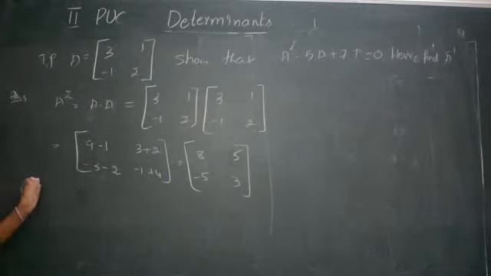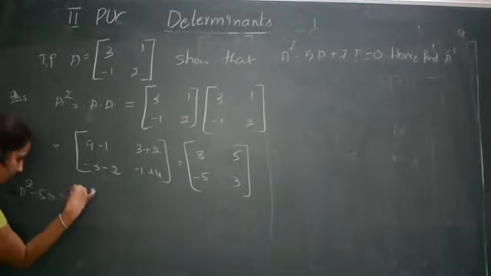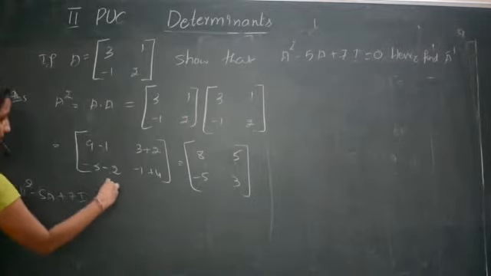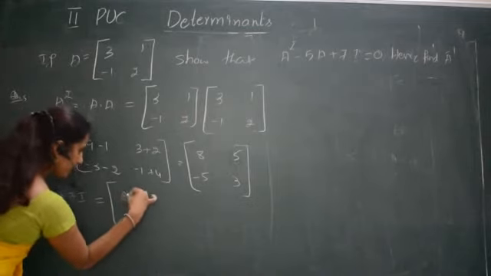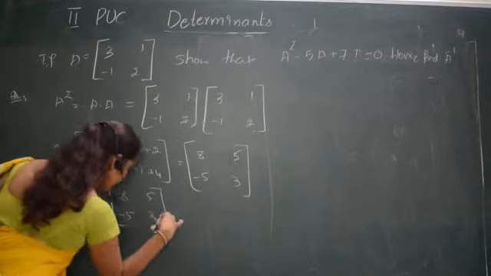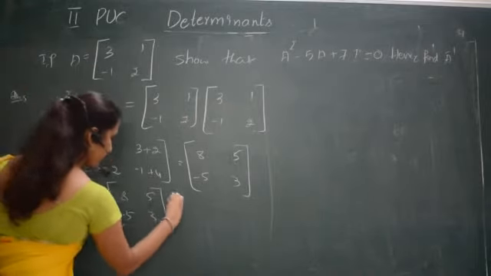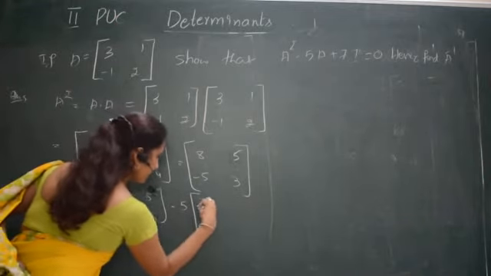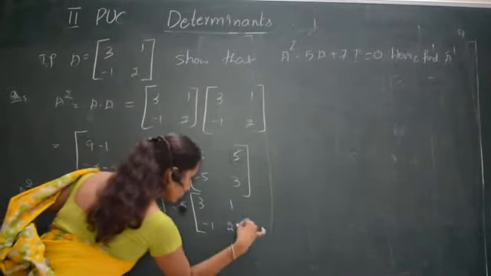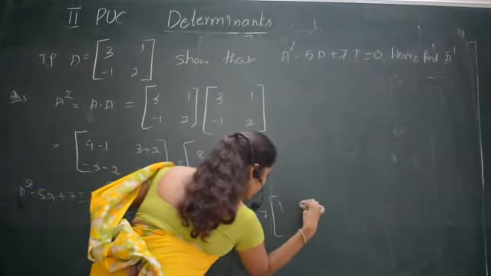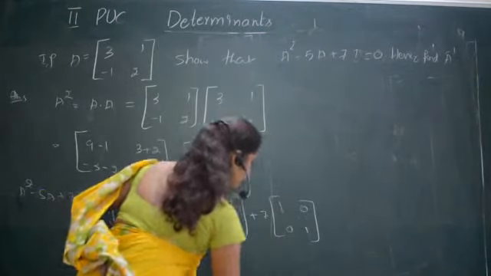So A square minus 5A plus 7I, we have to show this is equal to 0. So A square is [8 5; -5 3], minus 5 into A, which is [3 1; -1 2], plus 7 into I, which is [1 0; 0 1].